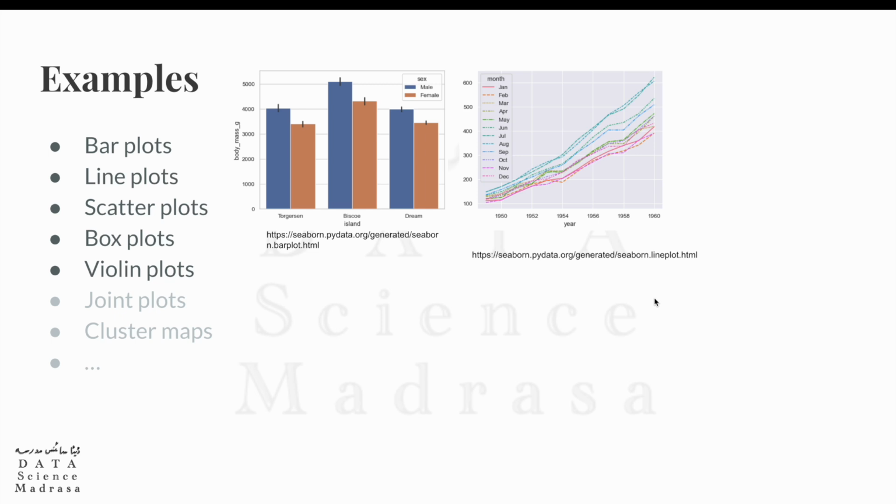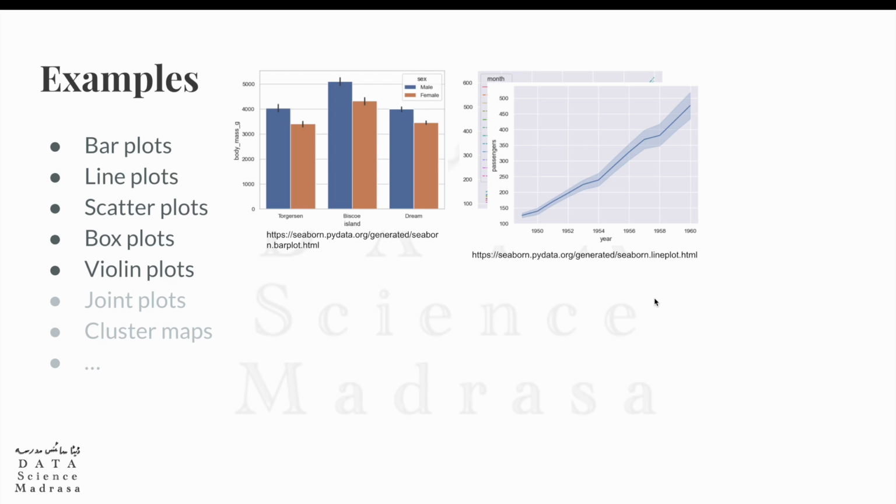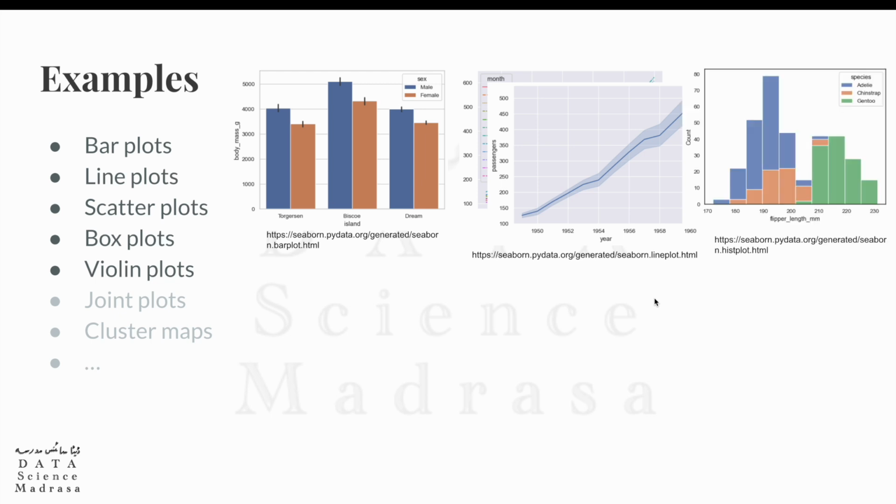In the summer months, more people tend to travel, therefore we see those blue lines slightly higher. This is more concisely and simply depicted by this line plot, which is showing the mean, which is this central blue line, and we can see that in 1960 the spread is a lot bigger compared to the spread in 1948. Now we look at a histogram.